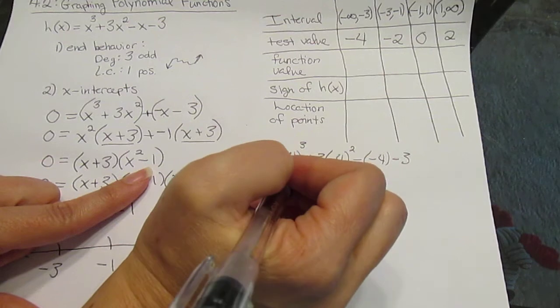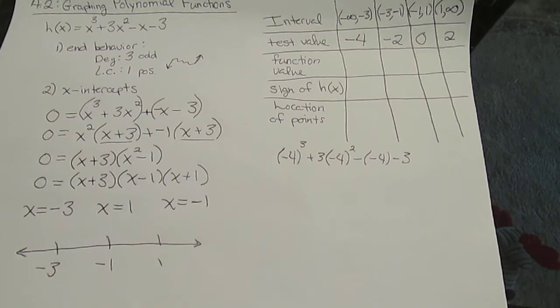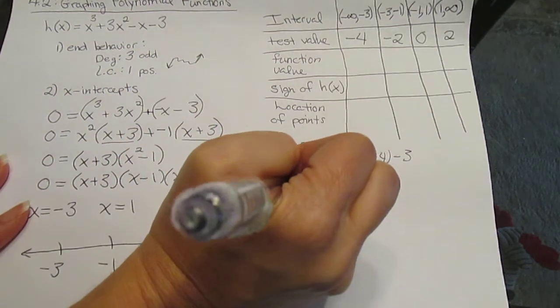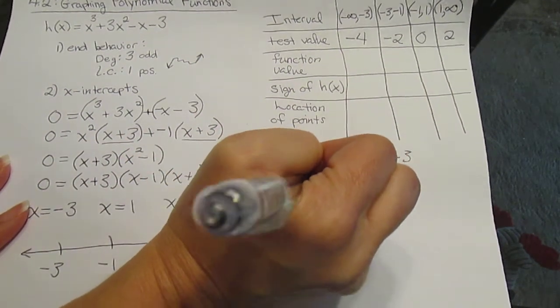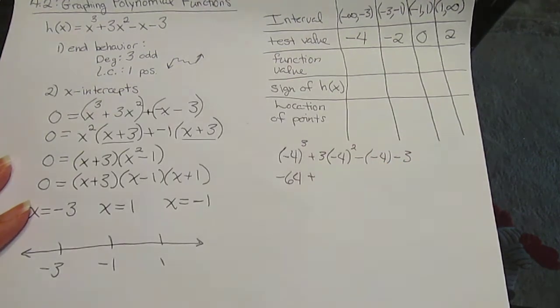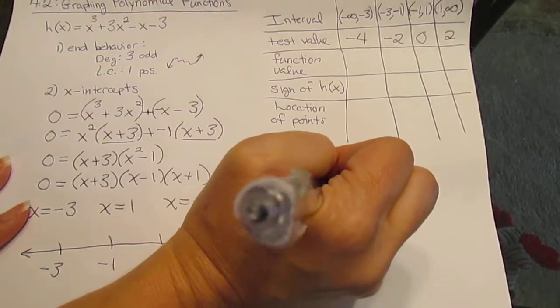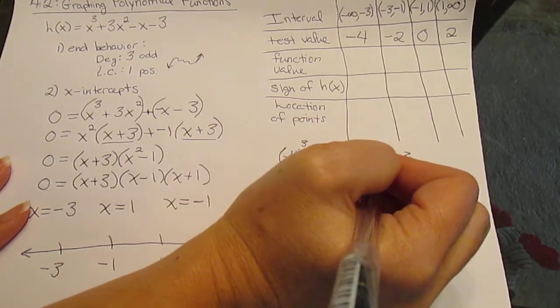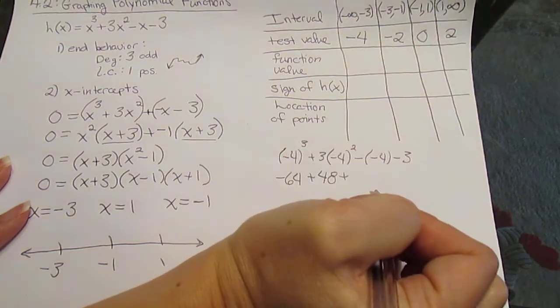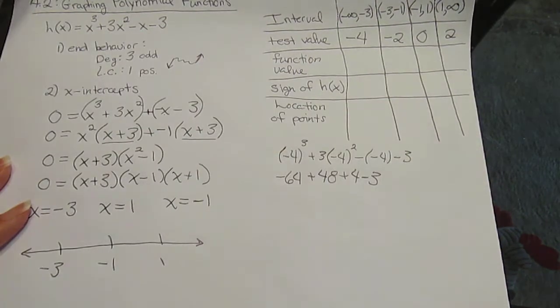So that'll give us, let me make sure I've got that right, -64 plus, that'll give us a positive 16, and then times 3, so 48. And then, of course, a negative times a negative is a positive. So let me just add those up.